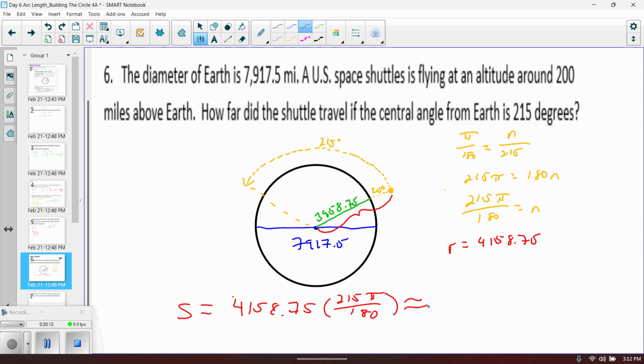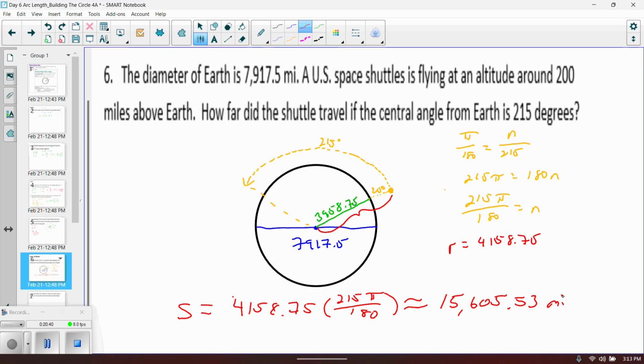And plugging all that into the calculator should give us approximately 15,605.53 miles. That's quite a big distance that the space shuttle has traveled. And that's not even half of the Earth that it's gone around. But that's it.